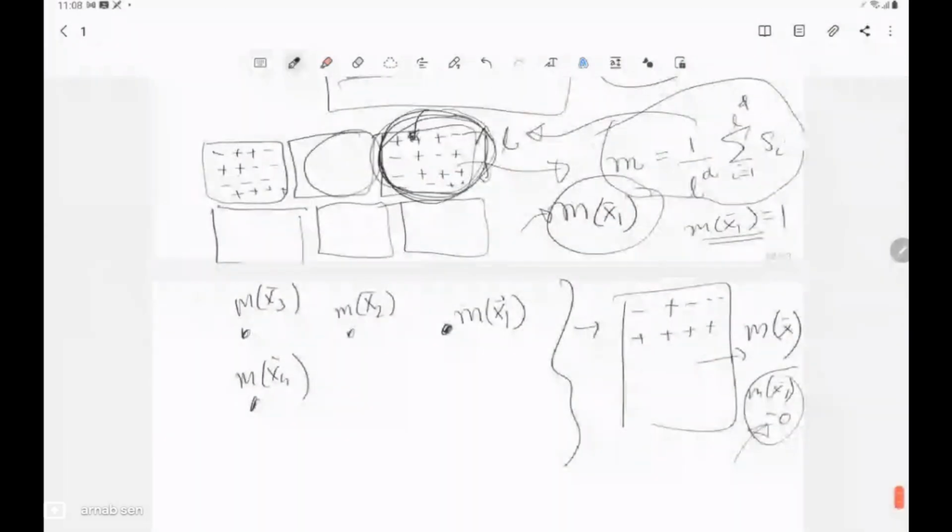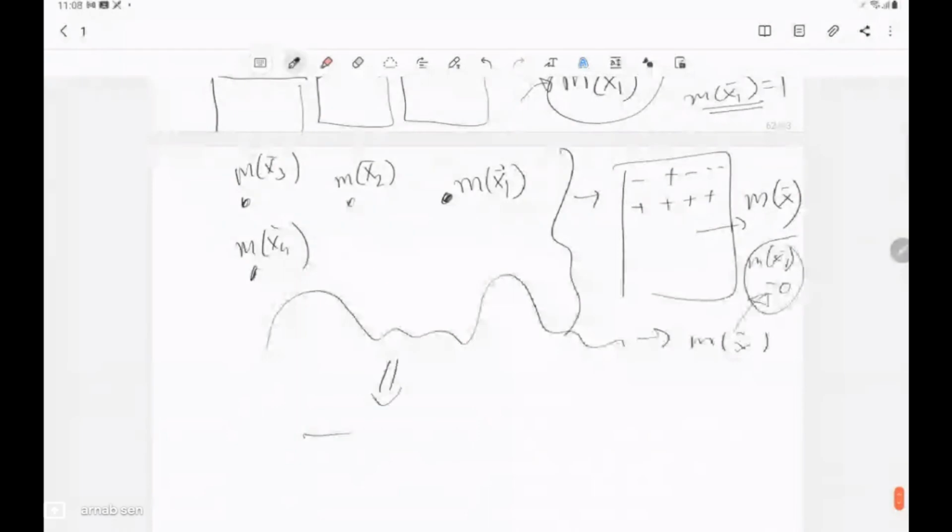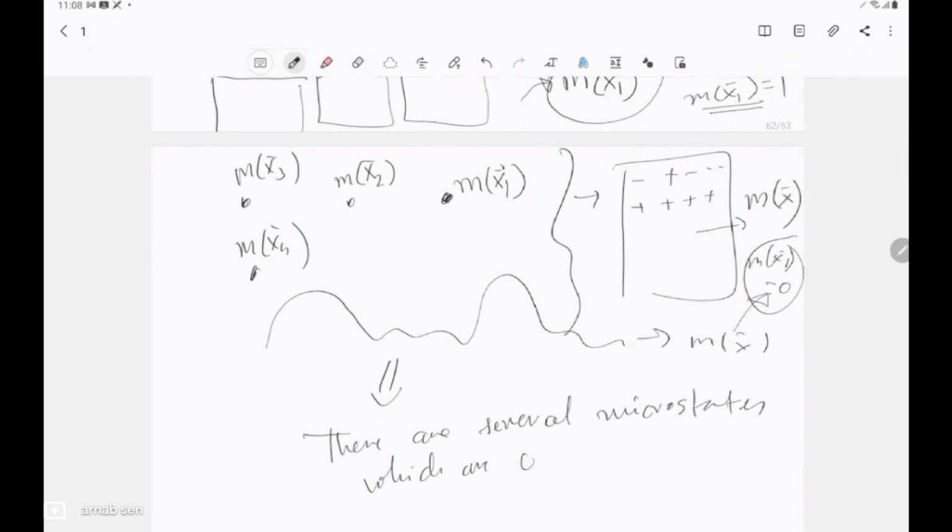Good. Therefore, given any coarse-grained m of x field, there are several microstates which are consistent with that particular m of x.